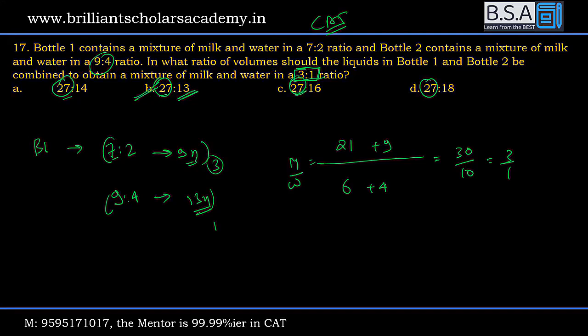Variables might take 4 to 5 steps, but if you notice here, the milk is 7 parts and water is 2 parts in the first solution. It makes me feel the liters are a multiple of 9. And every answer option is a multiple of 9, 27. So I just made it 27 by multiplying by 3. So milk became 21, water became 6.